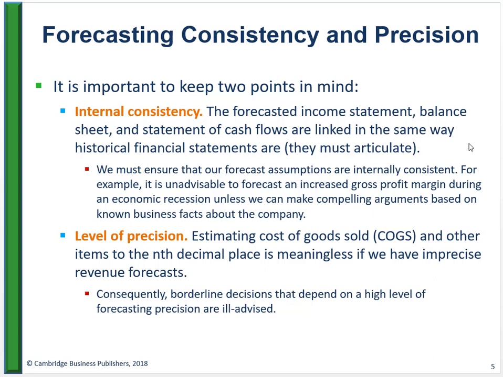So the best we can ever hope for is to be directionally correct, meaning, do we have some measure of opportunity here? And when we discount these cash flows back to time zero, what we'll be looking for is an opportunity that we can layer in a margin of safety of 20 or 30% and have a high degree of confidence that even though we've probably gotten something wrong with our forecasts, we still know that we're directionally correct and therefore can be confident in issuing a buy or sell decision.